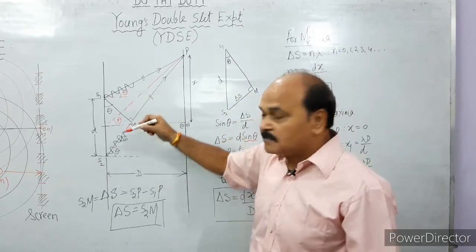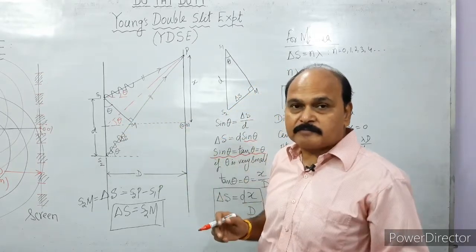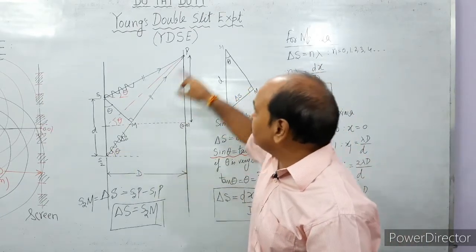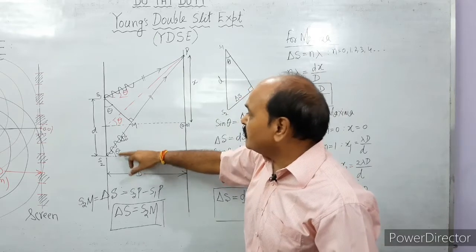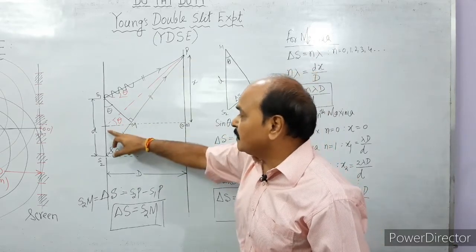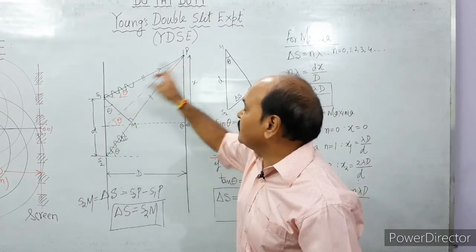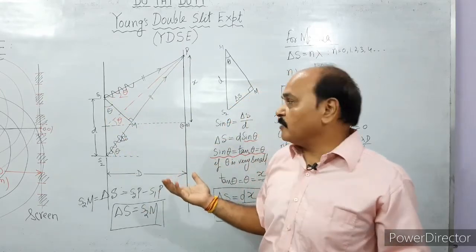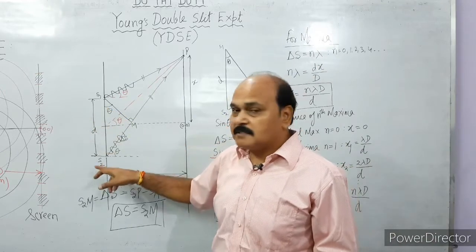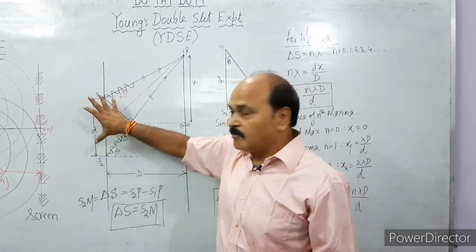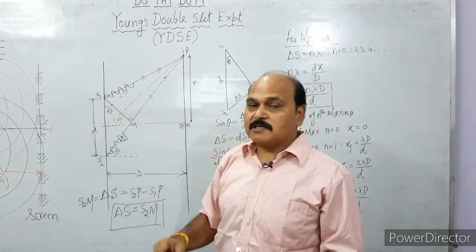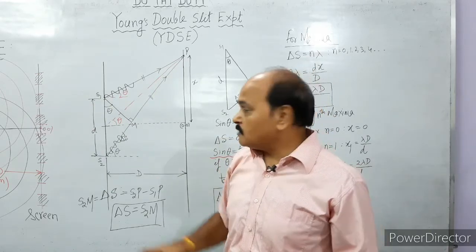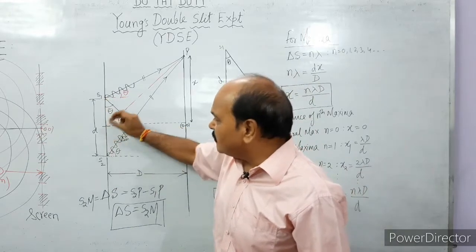All these three angles seem to be different in the diagram, but practically all these three angles, the angle of inclination of point P from S2, from this center point, and from S1, are the same. Why are they the same? Because these two slits, which are made far away from the screen, are very close to each other. They are as close as 1 millimeter. So these two slits are very close to each other.